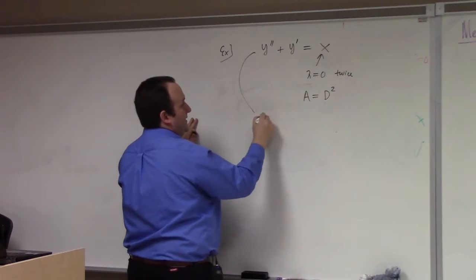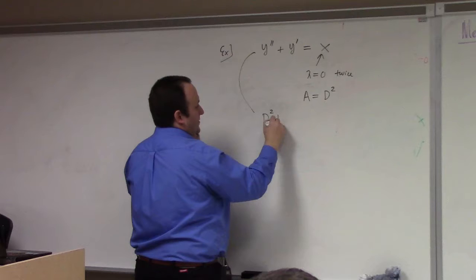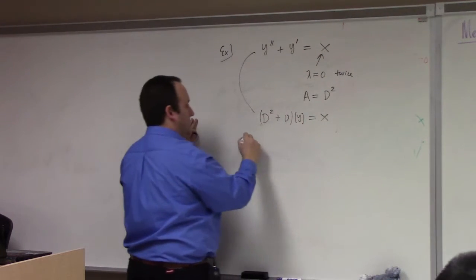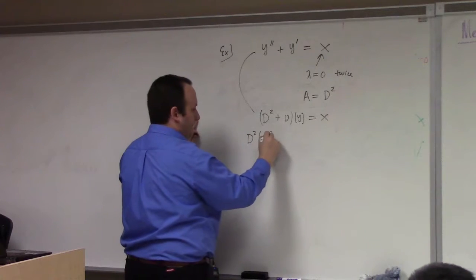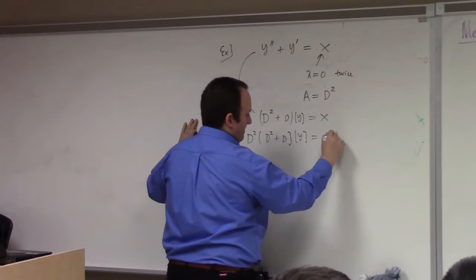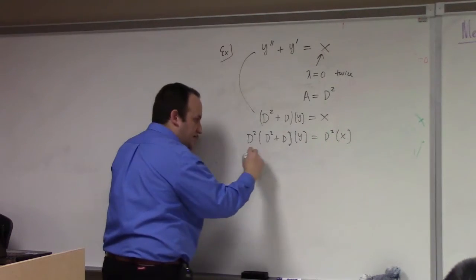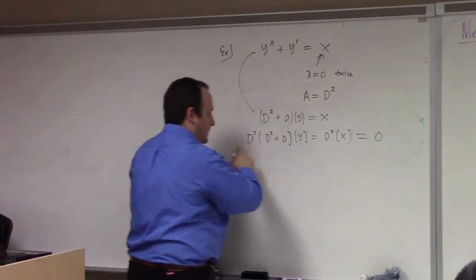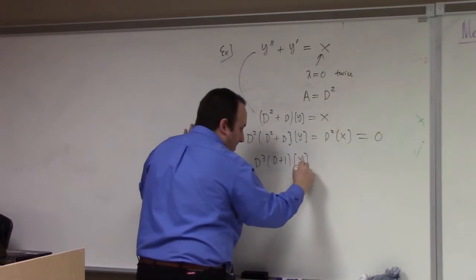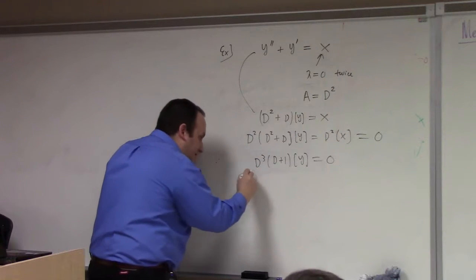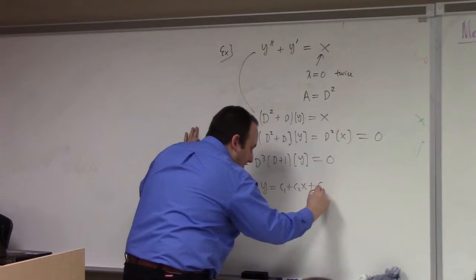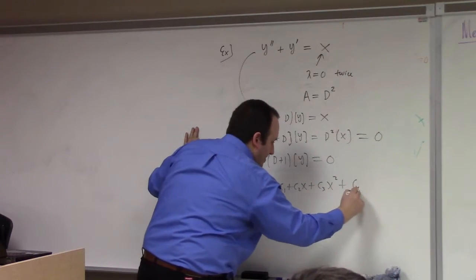So I get D squared plus D acting on y equal to x, multiplied by D squared. And so that's 0. And this gives me D cubed times D plus 1, which tells me that my general solution is like this.